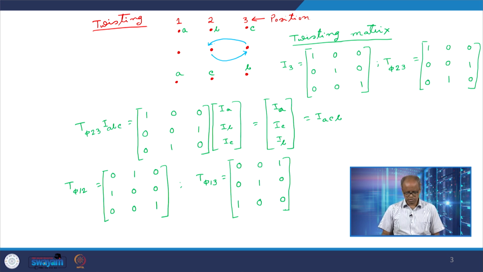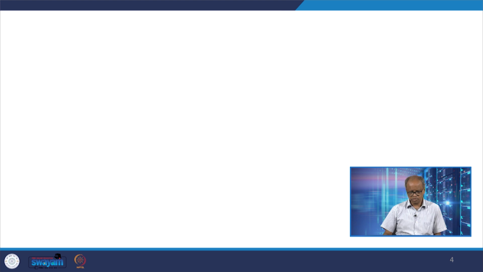So you see, just from the original 3 cross 3 identity matrix, we can very easily find the corresponding twisting matrix. Now, these twisting matrices have a very interesting property. Let us see what happens to T_φ23 squared. What is the physical interpretation of the square of the twisting matrix? It means we are applying the twisting operation consecutively.